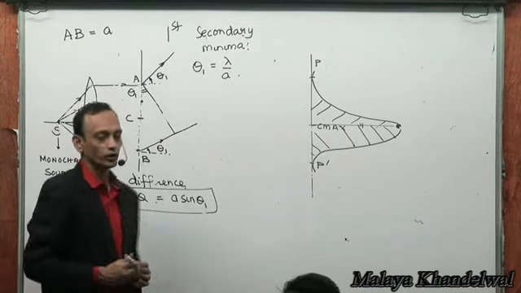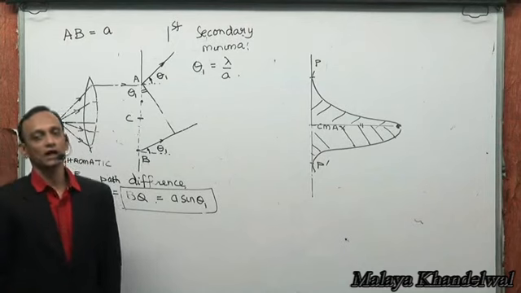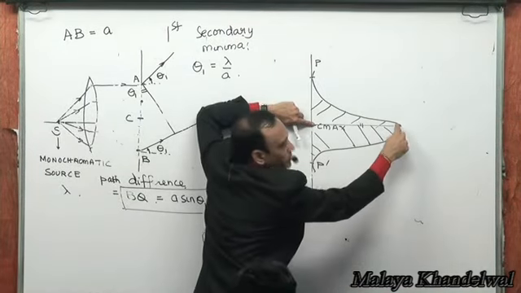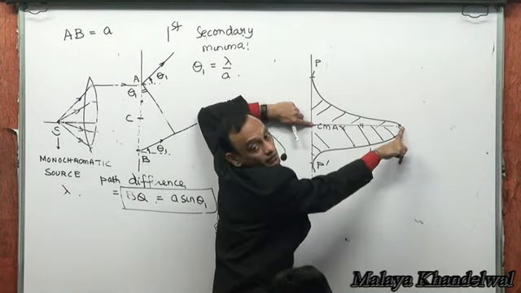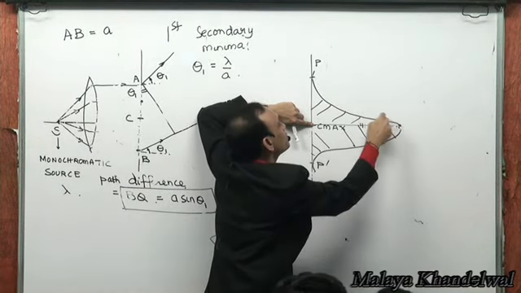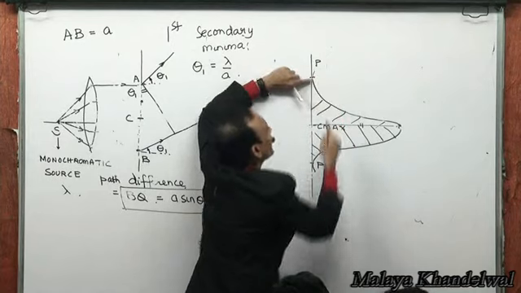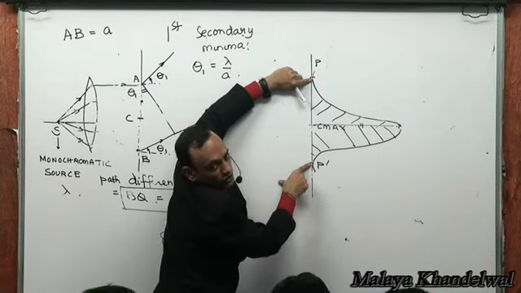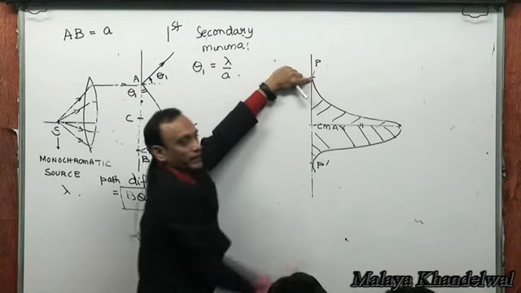Now, if you have registered this, I will move on. So at the central maximum, you see high intensity. This is only a geometric representation. It reduces to 0 at the first order secondary minima, P and P prime.